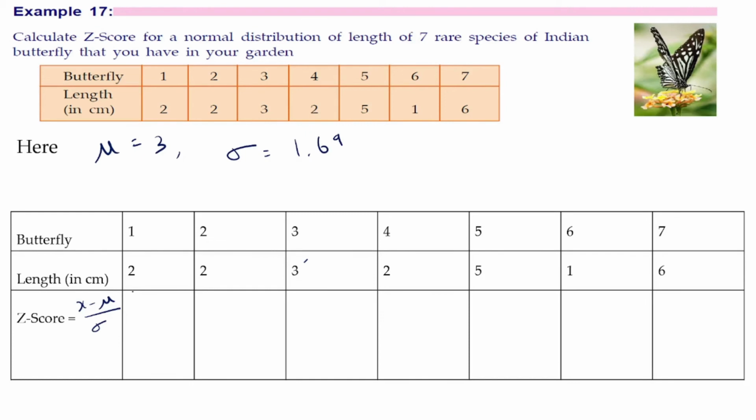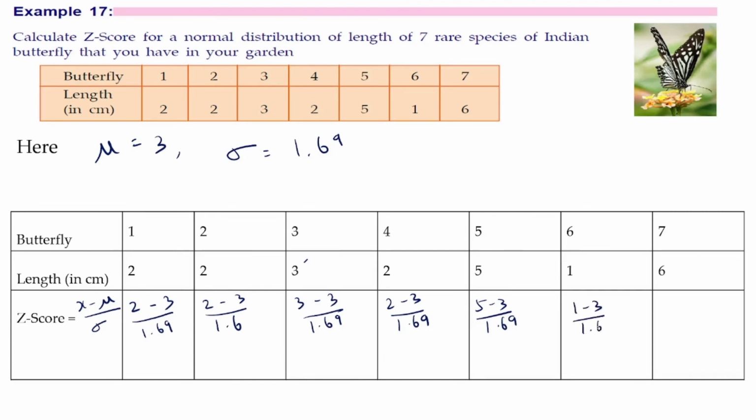So for the first species of butterfly, the z-score is 2 minus 3 upon 1.69. Then for the second species of butterfly, it is again 2 minus 3 upon 1.69. Then for the third species, 3 minus 3 upon 1.69. Then the next one, 2 minus 3 upon 1.69. Then 5 minus 3 by 1.69. Then 1 minus 3 by 1.69 and 6 minus 3 by 1.69.